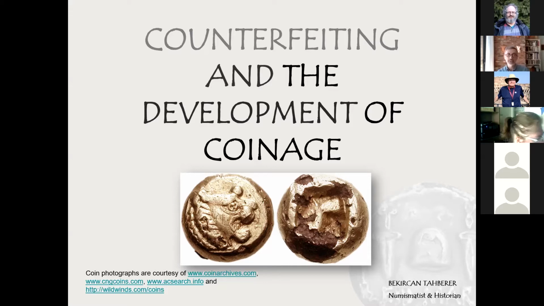If it were not them trying to outwit the coin issuing authorities, we wouldn't have coins, and we wouldn't have heads and tails on coins. So this is really a fascinating topic, and I hope you will find it interesting.